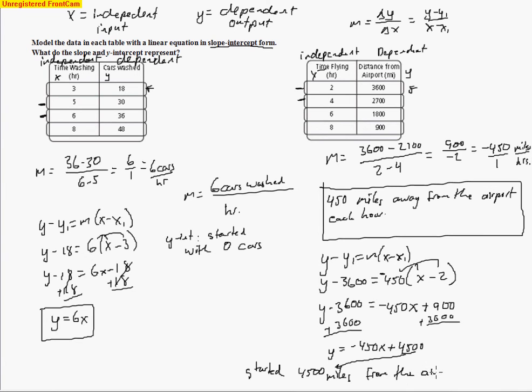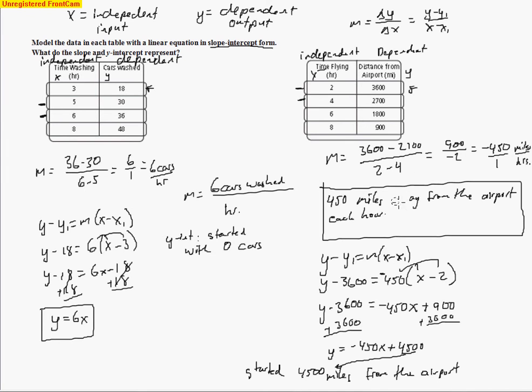And let's fix this top portion here. 450 miles not away from the airport. Since it's negative, we're actually going to the airport. So as you can see, distance from the airport is getting closer and closer. So 450 miles away from the airport each hour. Well, actually, we're going 450 miles closer. So let's go ahead and change that right now.